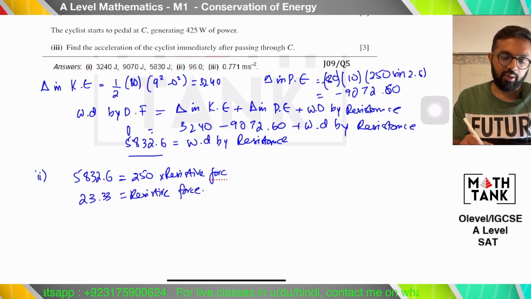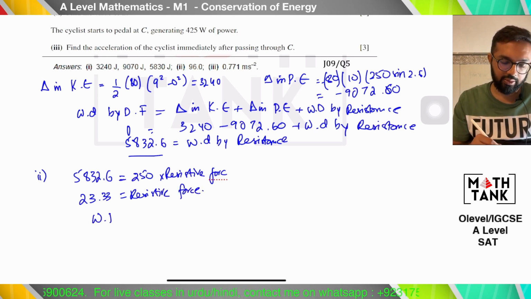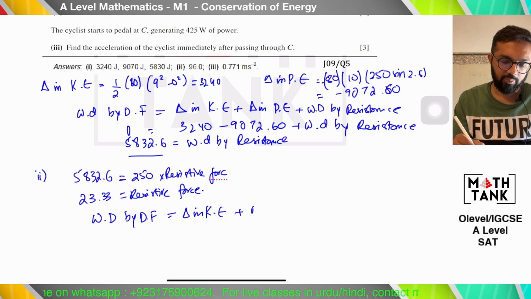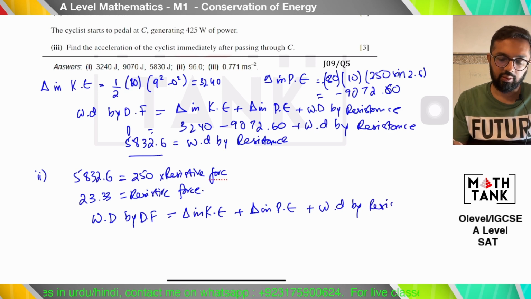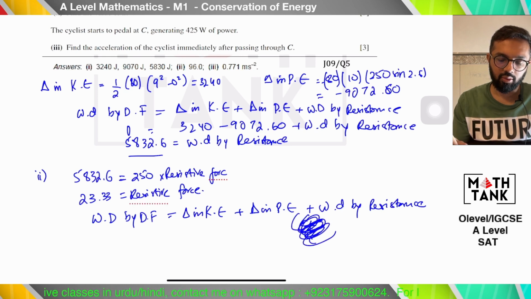I'm going to use my formula again and I'm going to say that work done by driving force equals change in KE plus change in PE plus work done by resistance. This time the work done by resistance is now 23.33 into d.